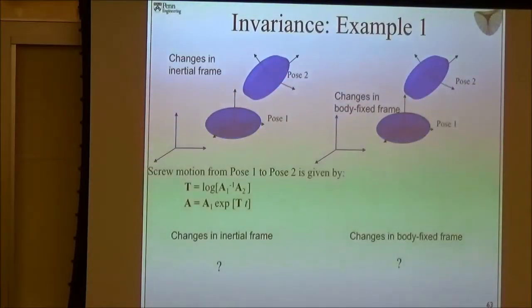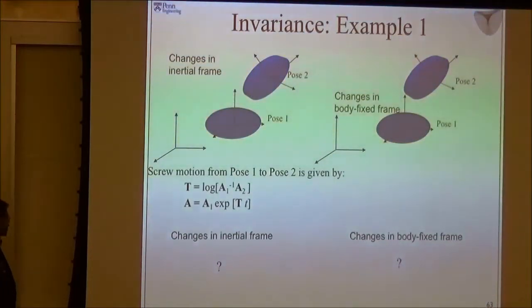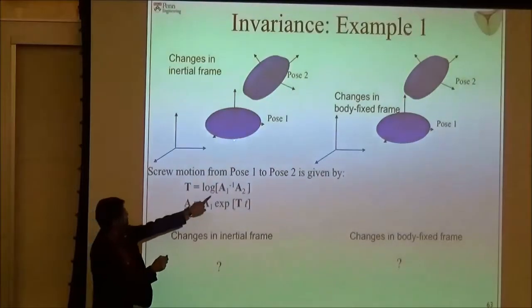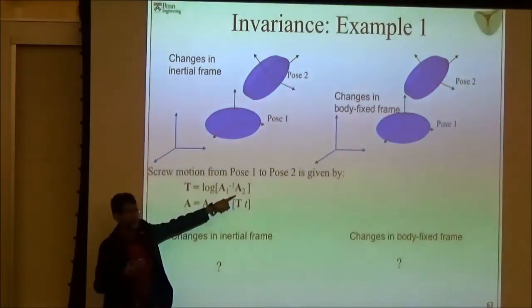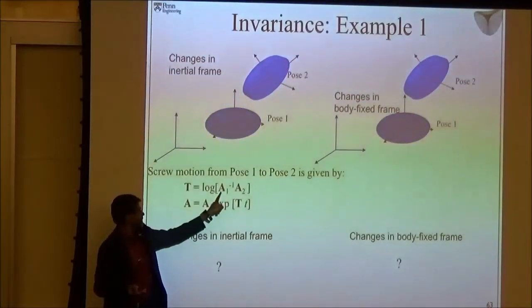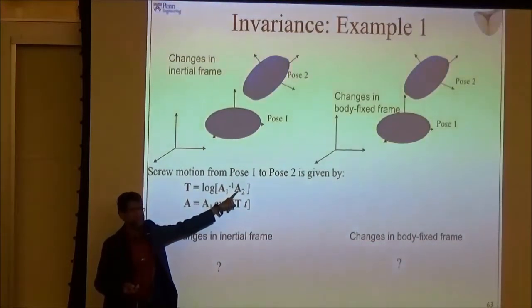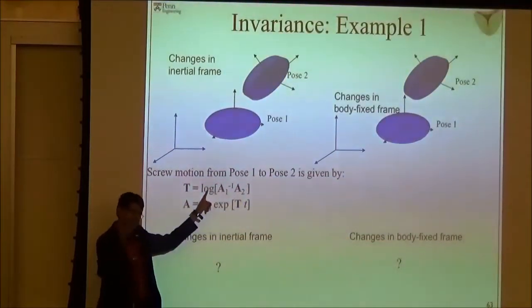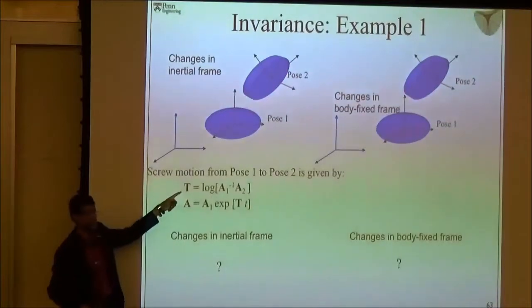So let me take a simple example. Let's say you're doing screw motions. So I'm doing screw motions from pose 1 to pose 2. So how will I do that? Well, if A1 is pose 1 and A2 is pose 2, how do you calculate the screw motion? You calculate the displacement, A1 inverse times A2. You take the log map, which is the inverse of the exponential map, and you get the twist.